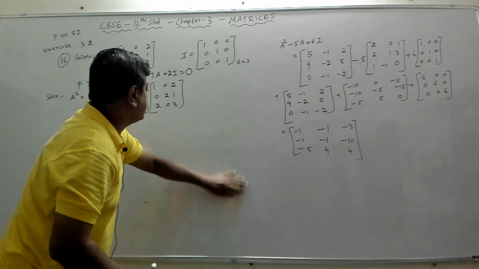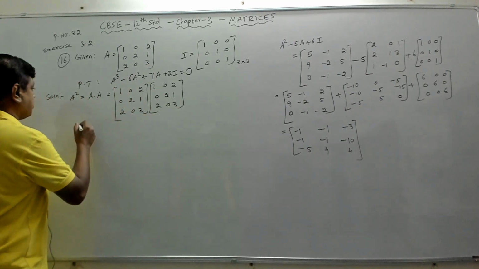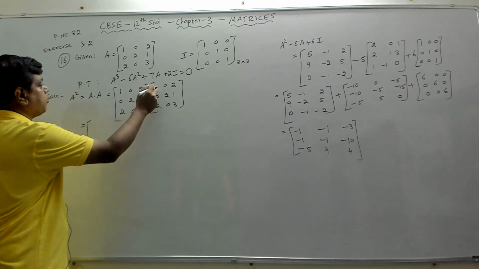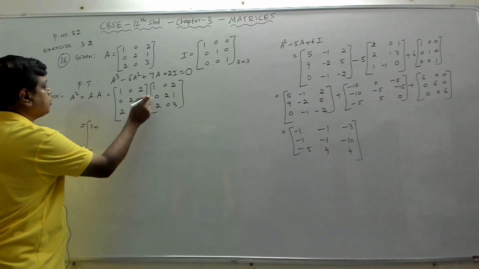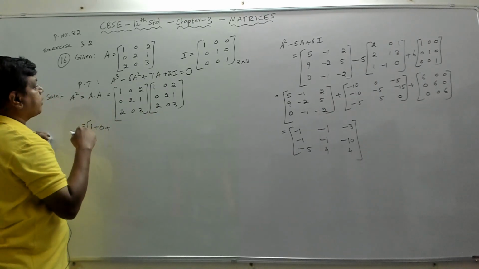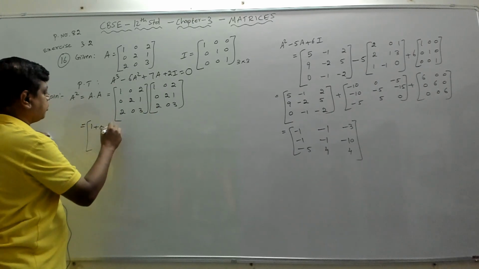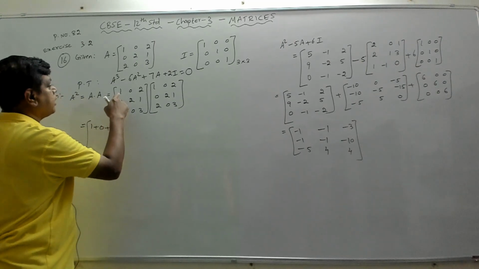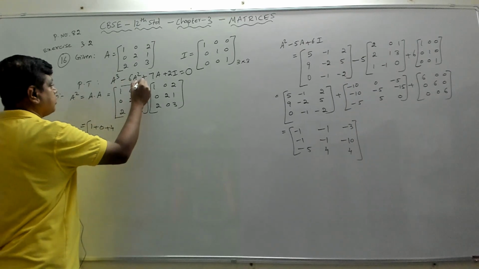So what will be our A square if you multiply? So again 1 into 1 is 1, plus 0 into 0 is 0, plus 2 into 2 is 4. First row with the first column.